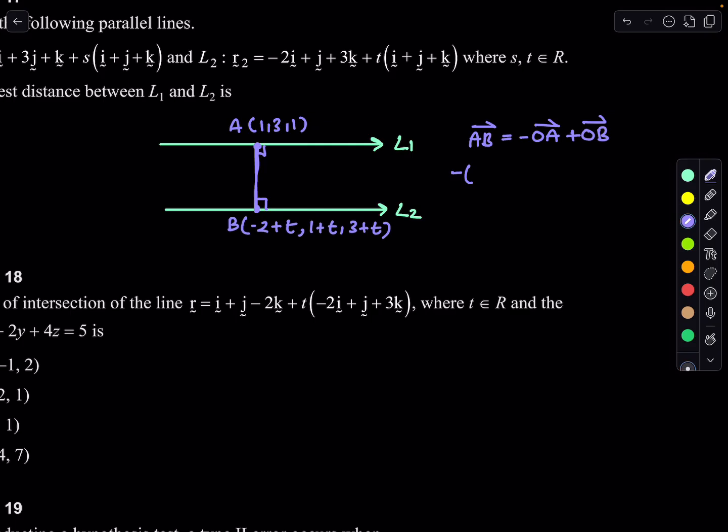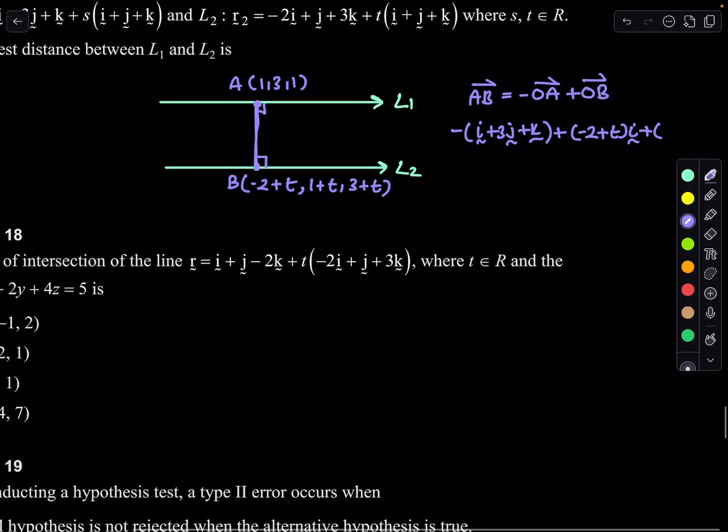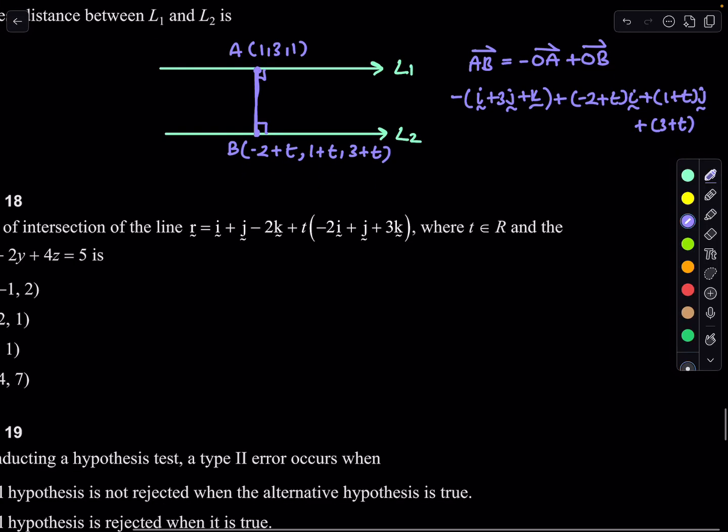I just cannot be bothered with vectors. But yeah, let's just use vectors. So that's going to be -(i plus 3j plus k) plus OB, which is basically -2 plus ti, 1 plus tj and 3 plus tk.